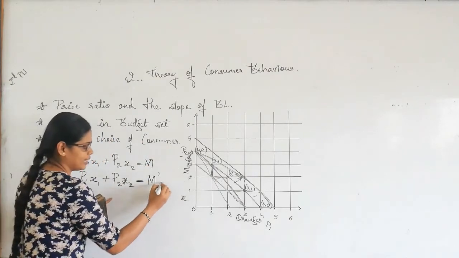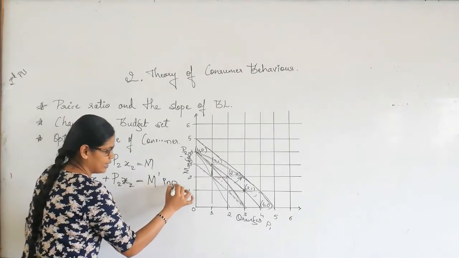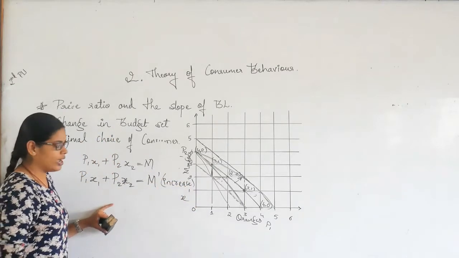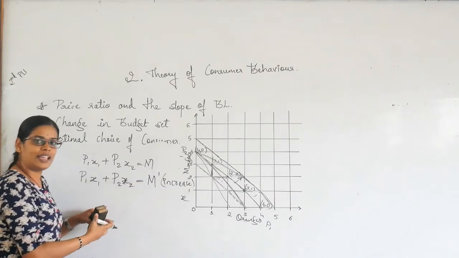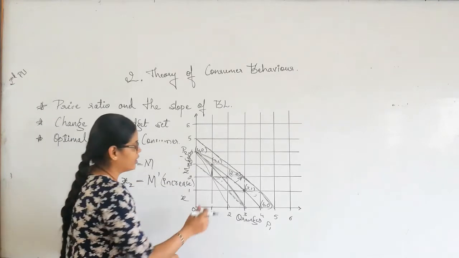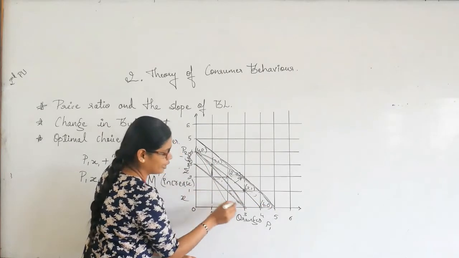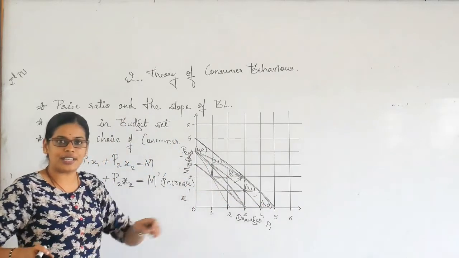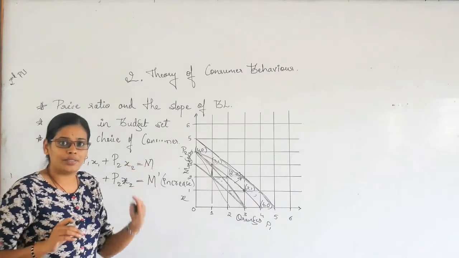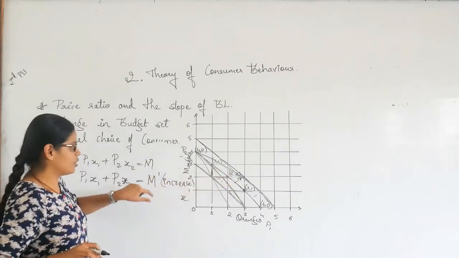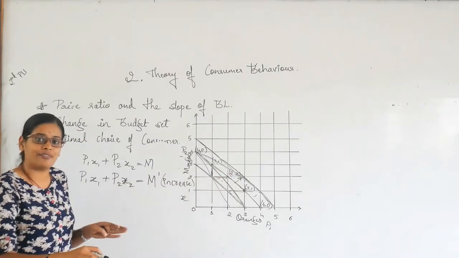Here, this might be an increase in the income of the consumer. This might also be a decrease in the income of the consumer. That's the reason we can see two different lines when the change in the income of the consumer happens. So that's the first change that we can see.